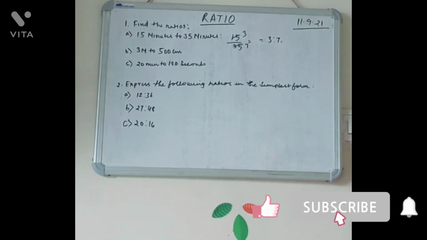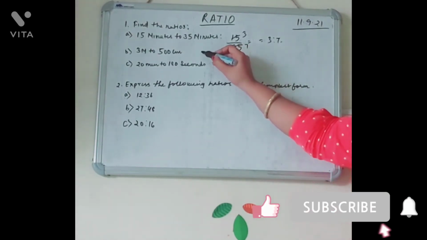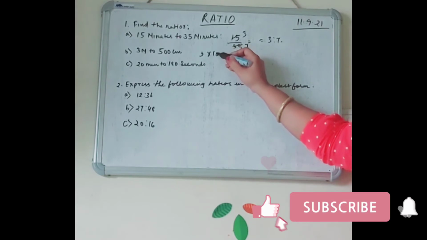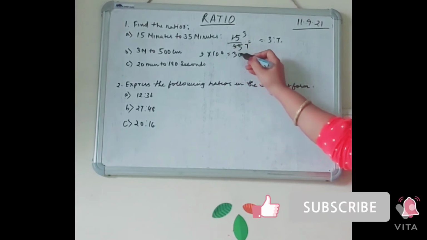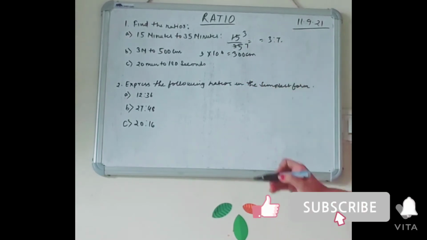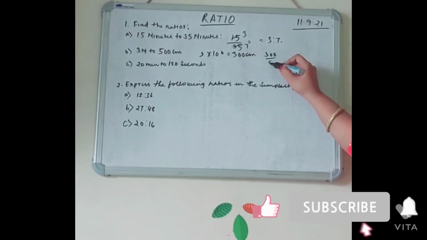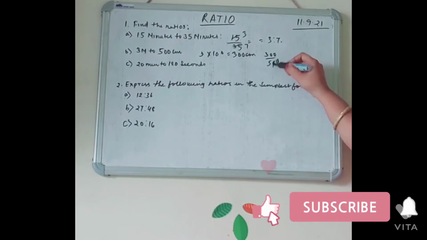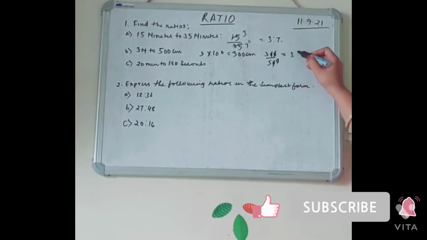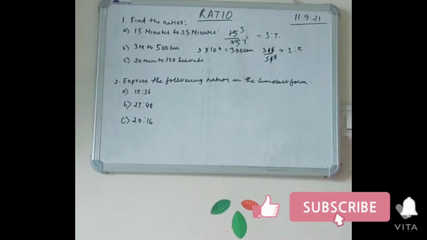Now we are changing 3 meters to centimeters. So 3 into 100 will be 300 centimeters, right? Now the fraction will be 300 by 500. Both the zeros will be cut and the ratio will be 3:5.